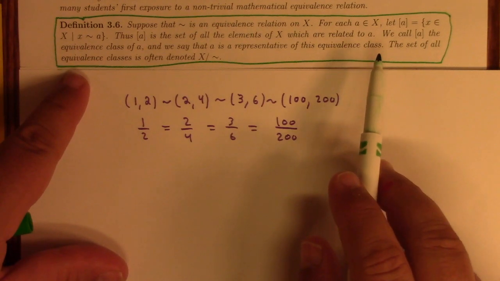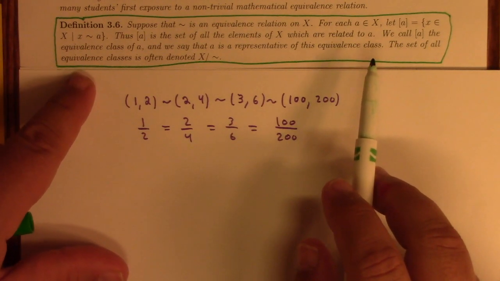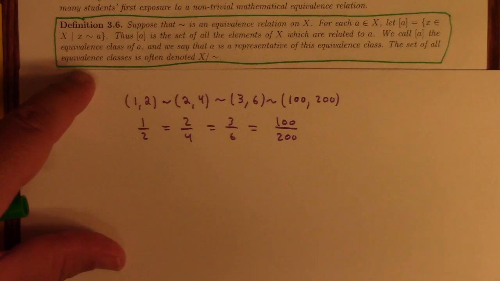The set of all equivalence classes is often denoted X mod squiggle.